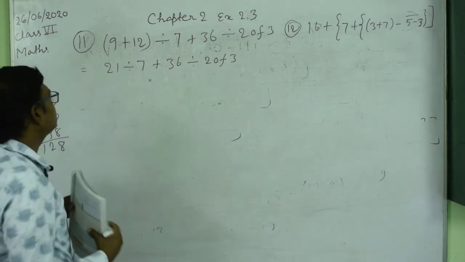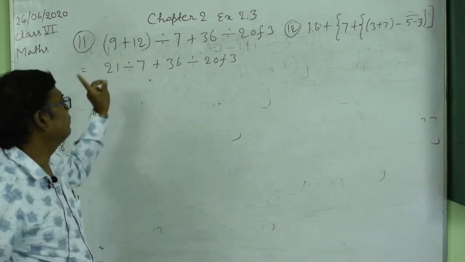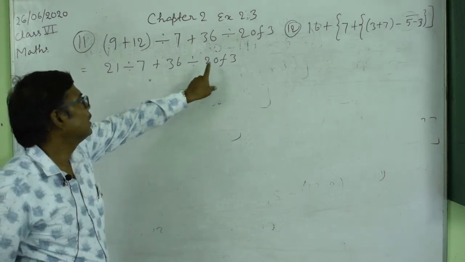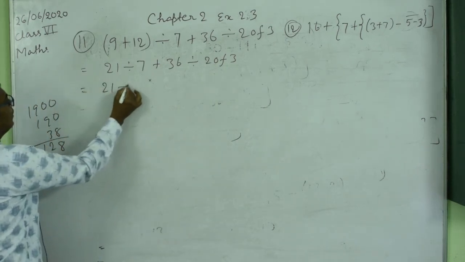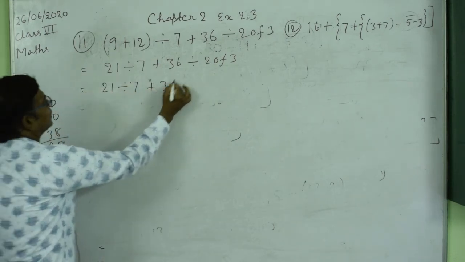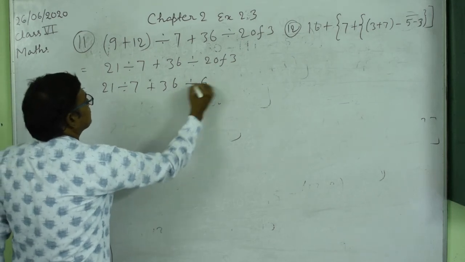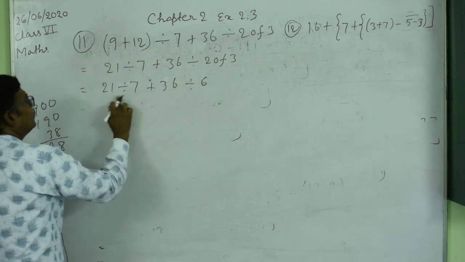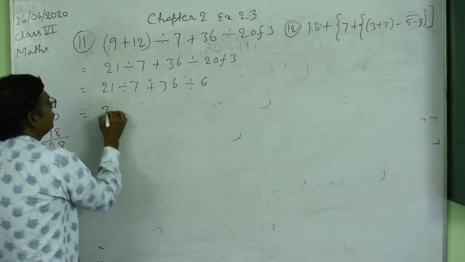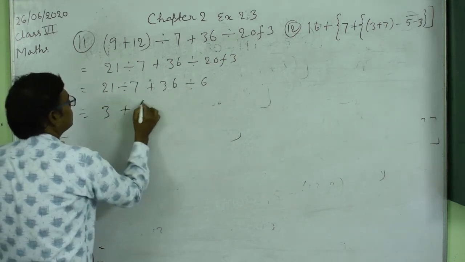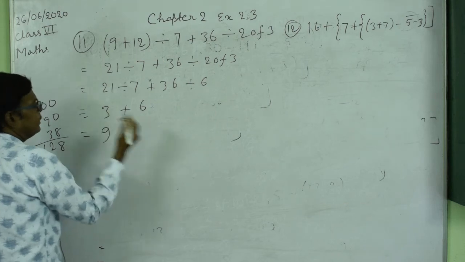Now bracket is finished here. Then of operation, okay, BO. So 2 of 3 means it will be 6. So you have 21 divided by 7 plus 36 divided by 6. Now operation of division, then 21 divided by 7 would be 3, and 36 divided by 6 will be 6. So you have 9 is the answer.